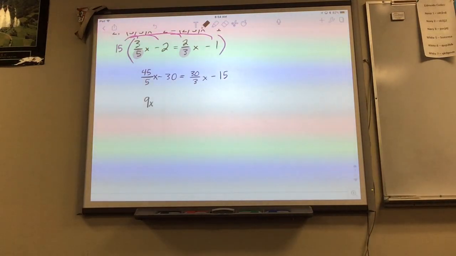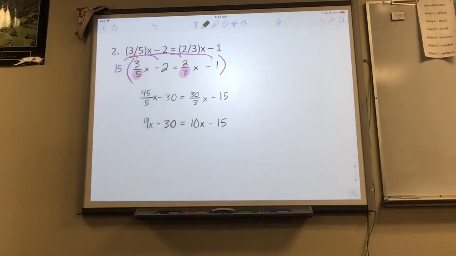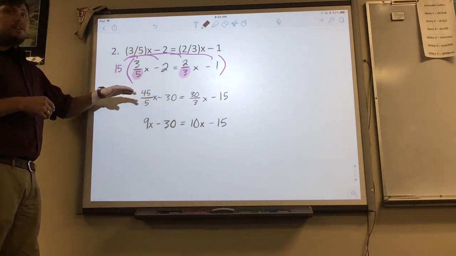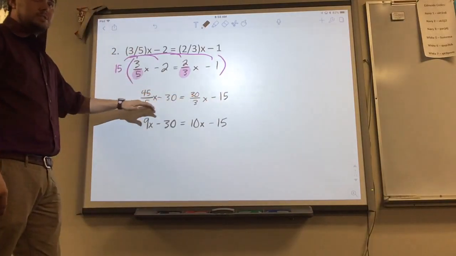It's 9 minus 30 equals 10x minus 15. If you think this makes sense, I'm going to allow you to skip this step here. If it doesn't make sense, do not skip this step, or you're going to make a huge mistake.